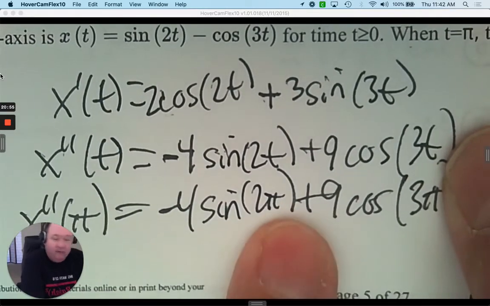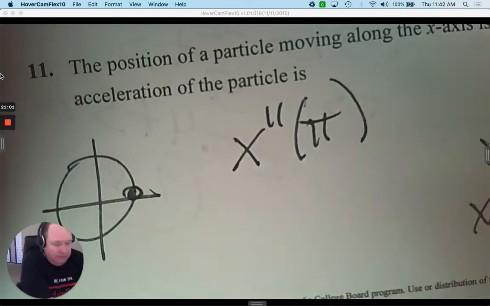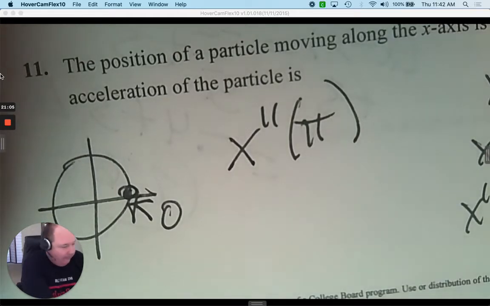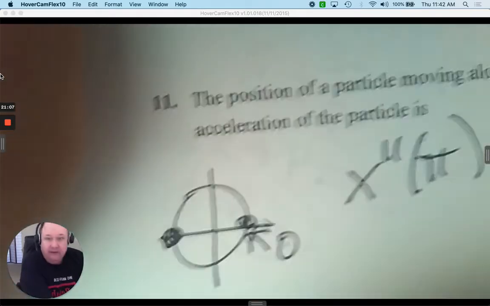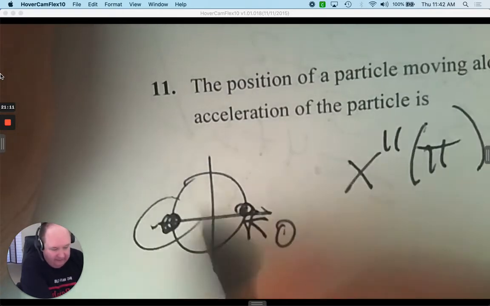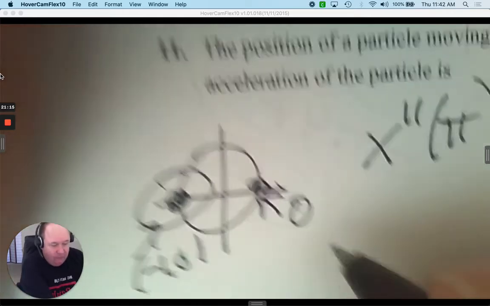Now, at 2 pi, 2 pi is right here. The y value there for sine is 0. 3 pi is actually on the left. So it goes 1 pi, 2 pi, 3 pi. Here on the left is 3 pi. That's negative 1, 0.